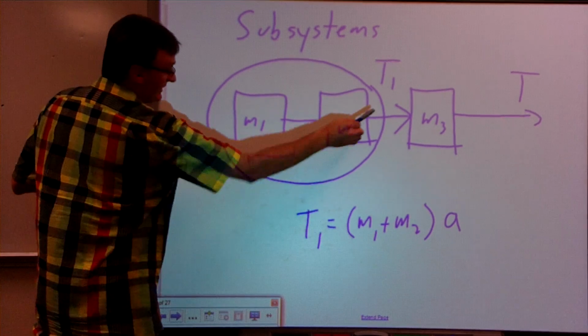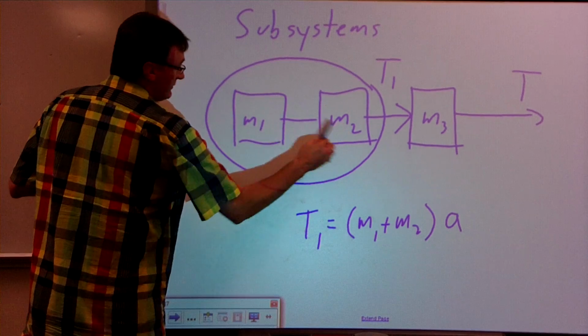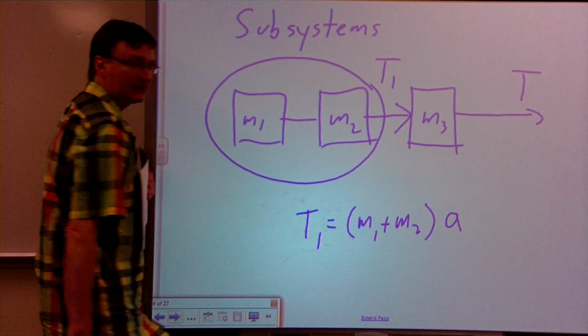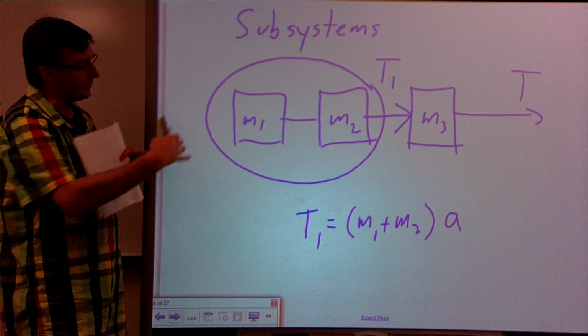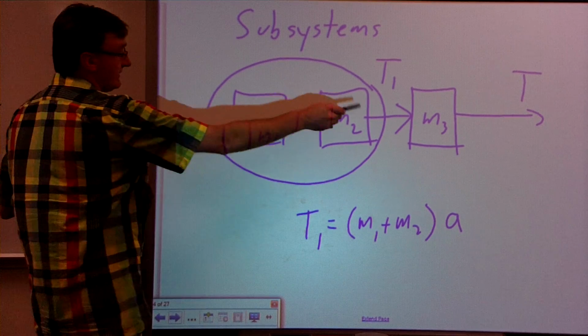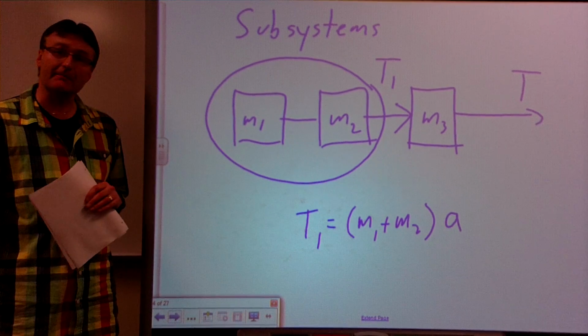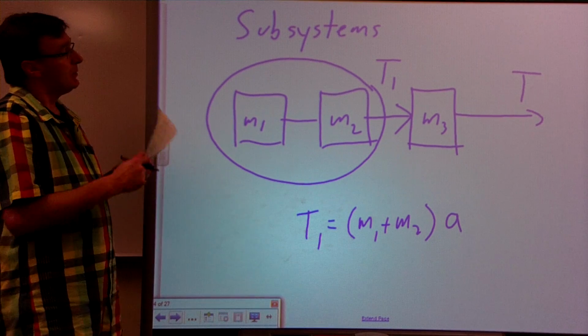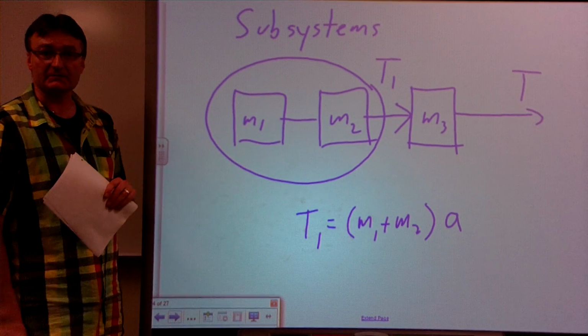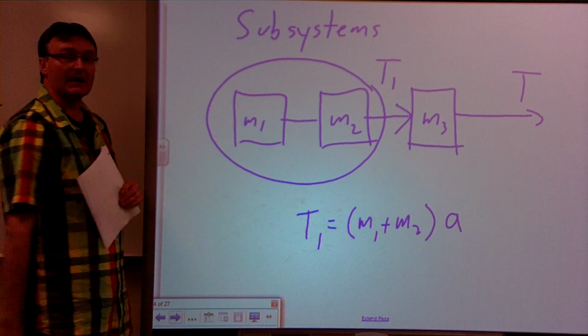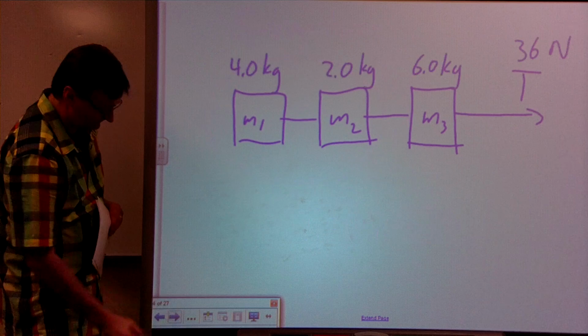That tension will simply be these two masses together times the acceleration of the system. And then you can find the tension in between the masses as well in that way. So we can look at the whole system together, or we can look at some subsystems as well.